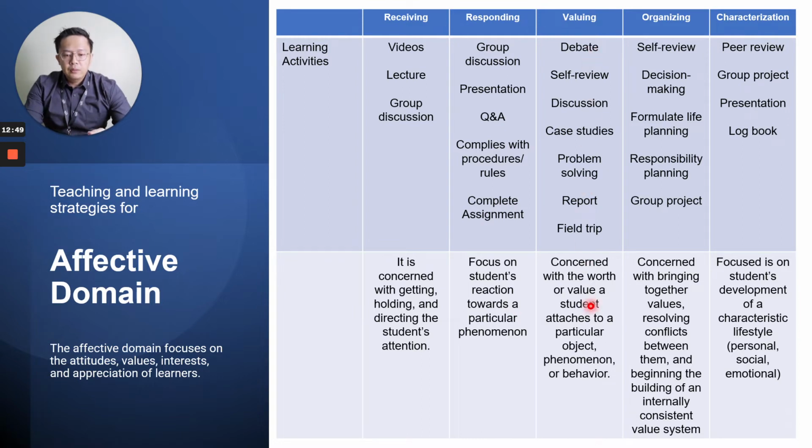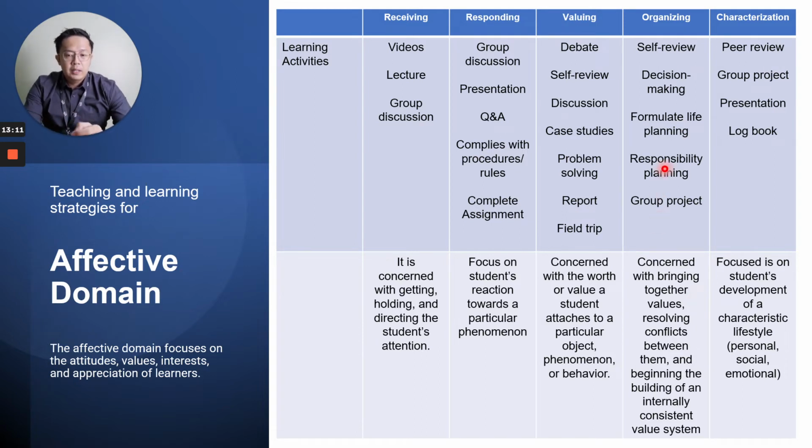Values are concerned with the worth or the value the students attach to a particular object. So in a debate, you have to monitor the students' values about a particular topic that they are arguing about in the debate itself. If it's organizing, then the concern should be bringing together the values to resolve a particular conflict between them.